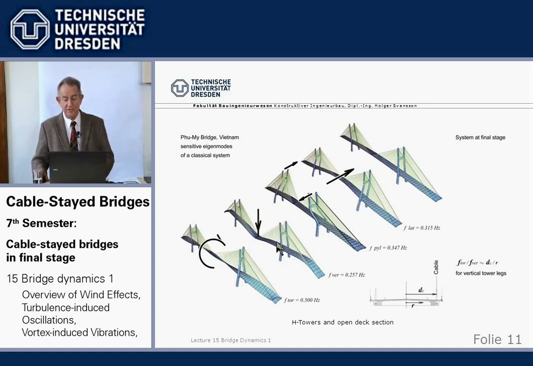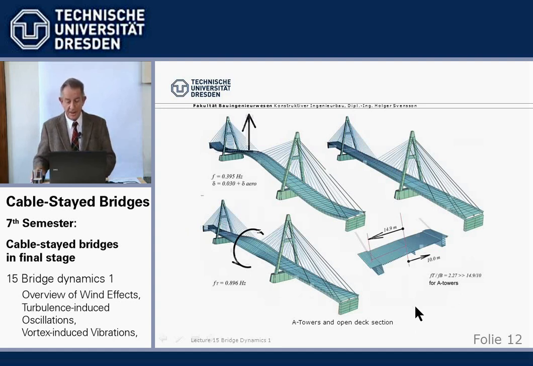If we have vertical tower legs and an open cross-section, then the ratio of torsion to bending is just, as a first approximation, the distance of the cable plane to the torsional radius of inertia, where we thereby neglect the torsional inertia of the beam itself. So that's a very general assumption.